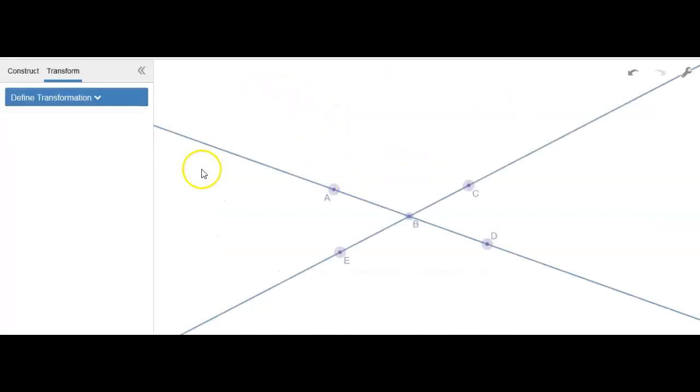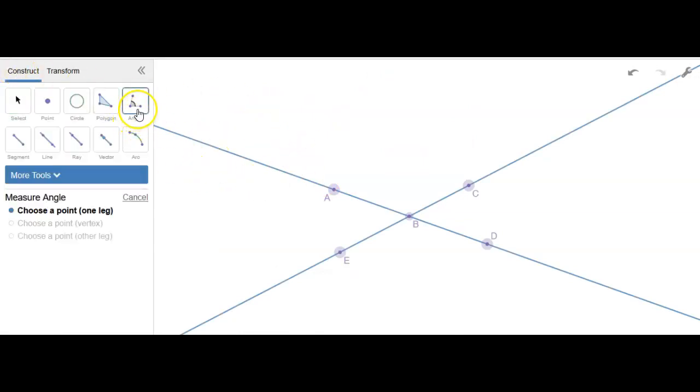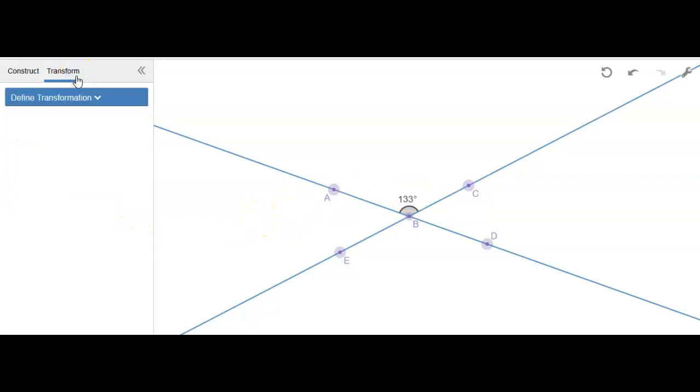I don't know if I can do it very well on here, but we're going to try. If I construct this angle here, and this is just in mind, but this would work for any one of them. If we have a 133 degree angle here, and we want to rotate this whole thing around B, we're going to go negative because it's said to go clockwise, and typically when we go clockwise that's a negative angle and counterclockwise is a positive angle.